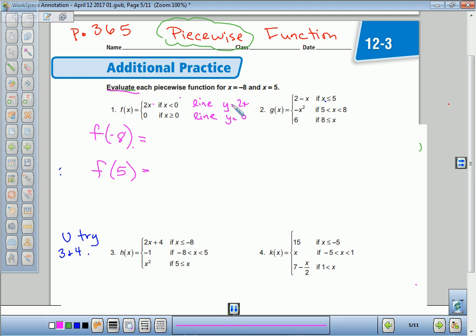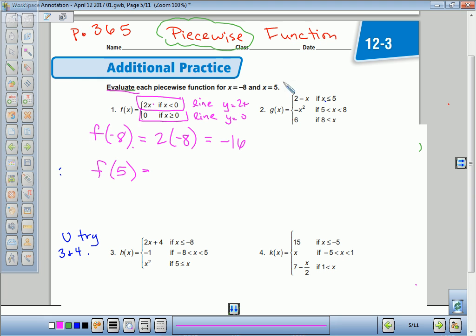When you're looking at a piecewise function and they give you a value for x, you have to decide: does x equals -8 is that part of the top piece or the bottom piece? Where does -8 fall? Well, -8 is less than 0. So for x equals -8, you would plug into the top function, and we would do 2 times -8 is -16.